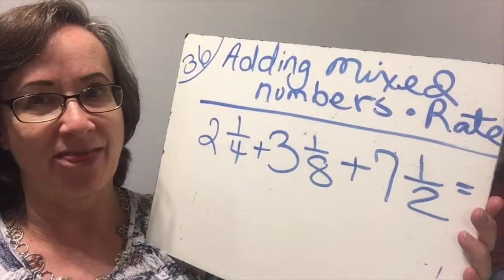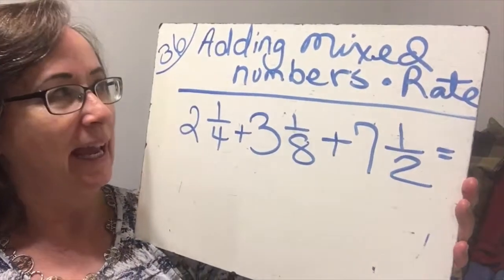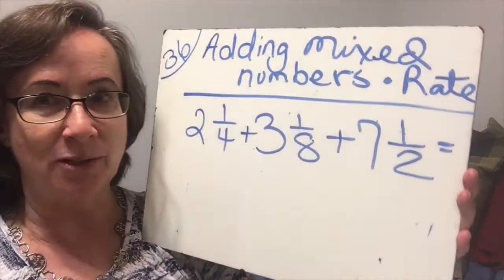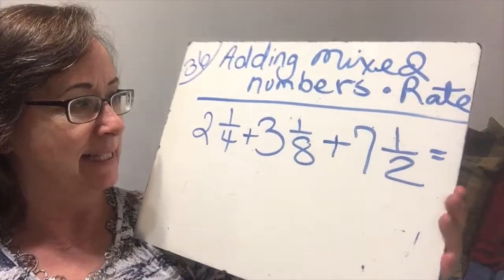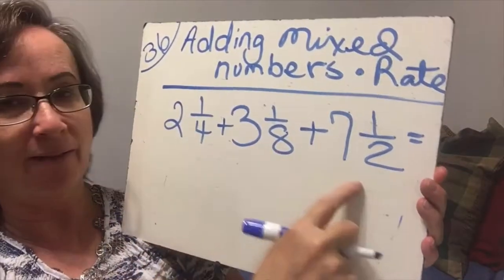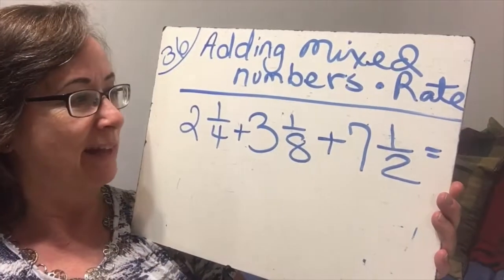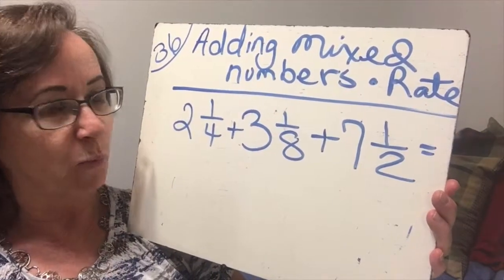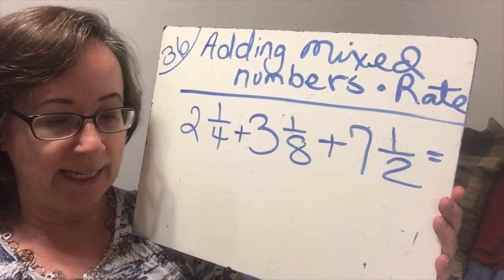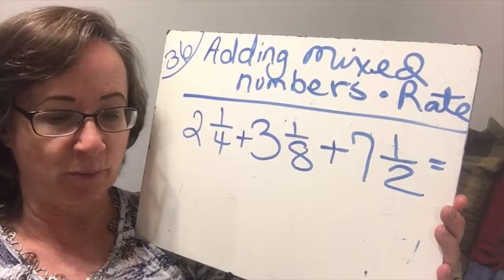We are on lesson 36 in your blue book, and we're learning how to add mixed numbers, and we're going to do a little bit also about rate in this lesson. So here we have 3 mixed numbers that we're going to add together, and we're going to do this in 2 different ways.